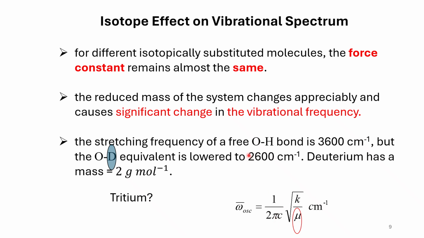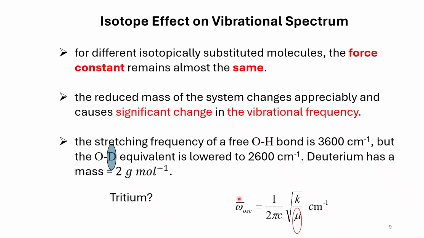For example, OH and OD. Deuterium is much heavier than the hydrogen atom. So the reduced mass for OD will be larger compared to the OH molecule.